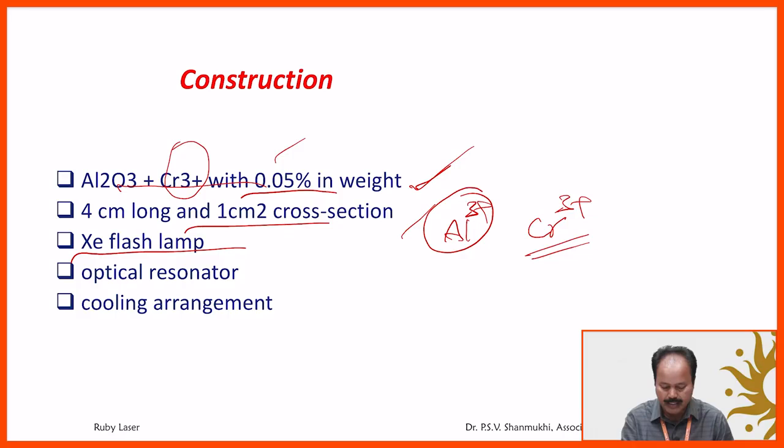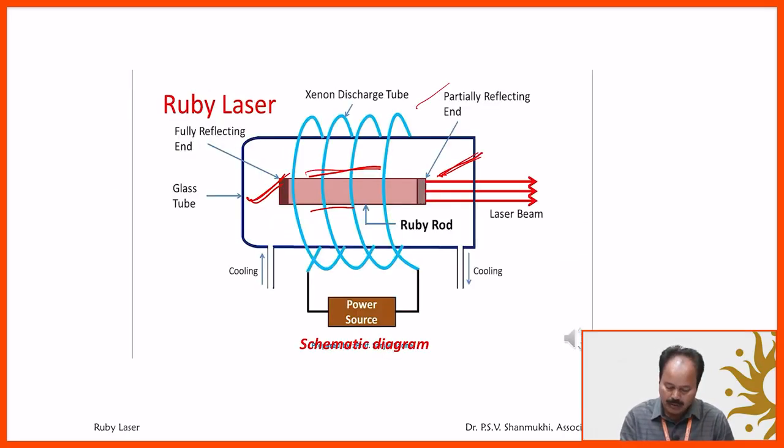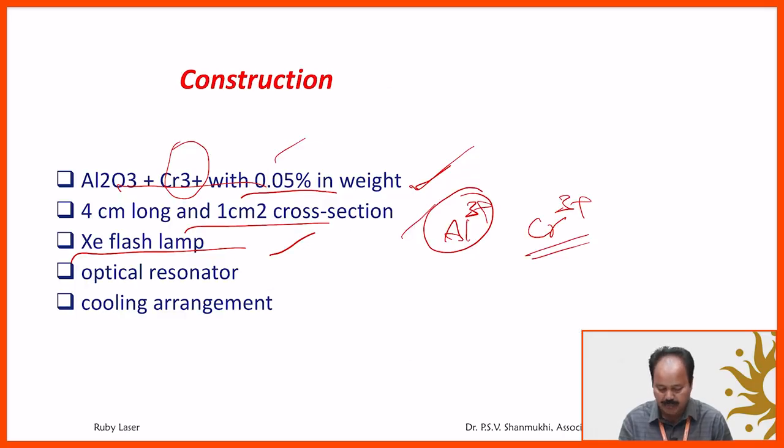It is surrounded by the xenon flash lamp. The opposite ends are maintained such that one is 100% reflecting and the second is partially reflecting. They constitute the optical resonator or Fabry-Perot resonator, also called the optical resonant cavity.